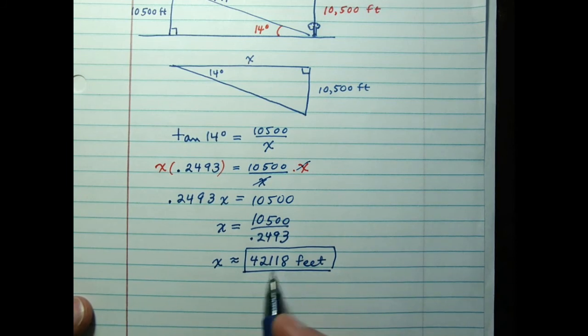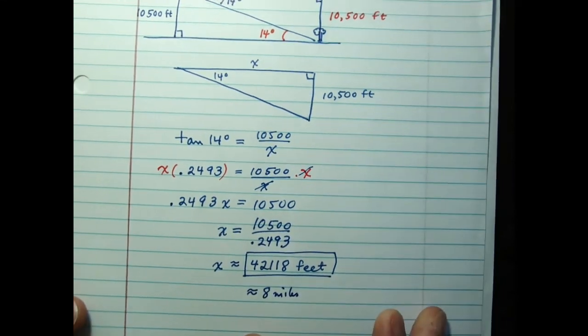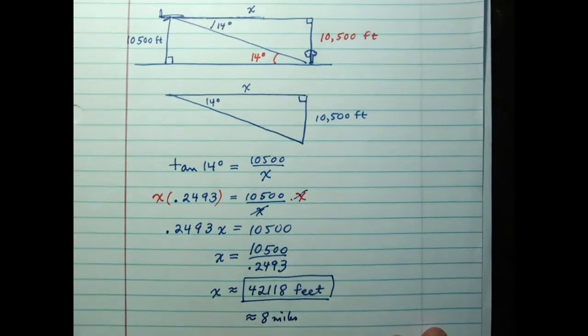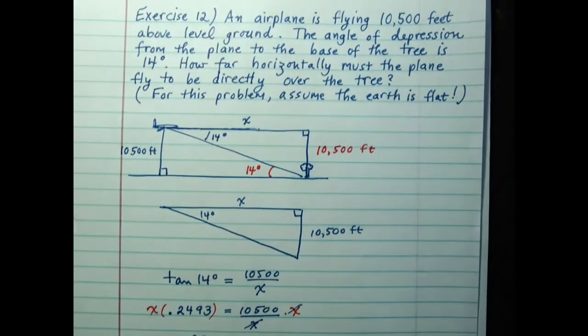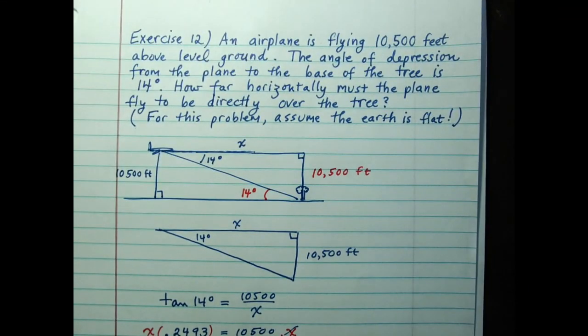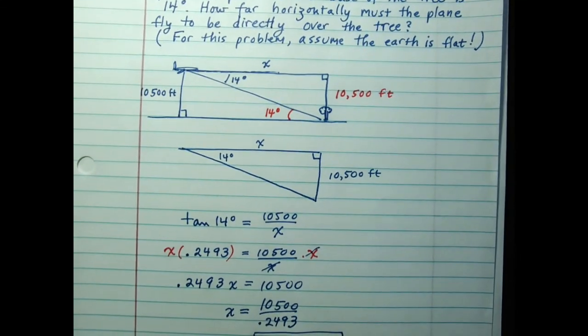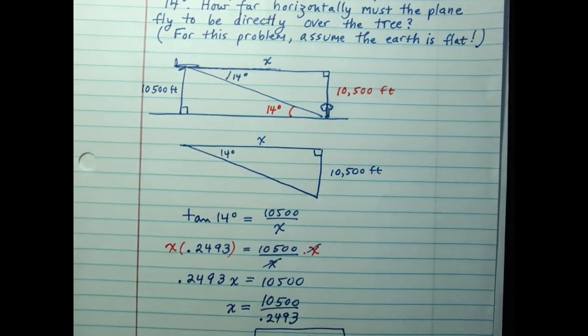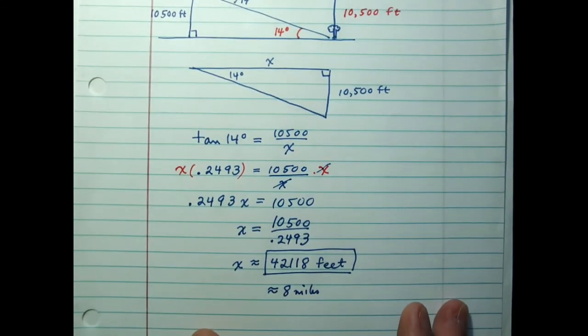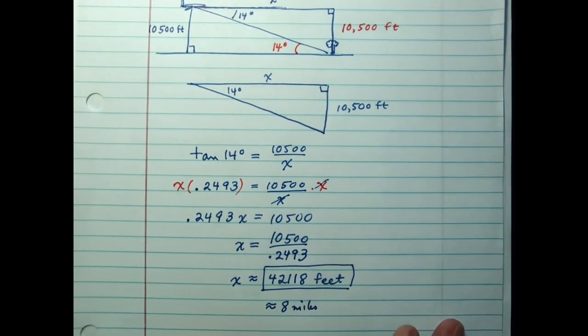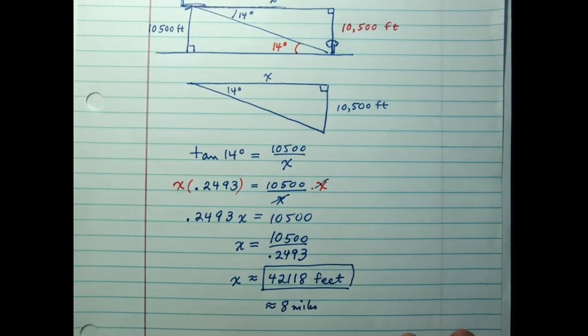But if you divide by 5,280, the number of feet in a mile, it's approximately 8 miles, but that's not at all required here. Okay, so we got our airplane problem. There's the statement of the problem, our picture, and the thing to be most careful about is angle of elevation, angle of depression, like we said, and there's the final result.